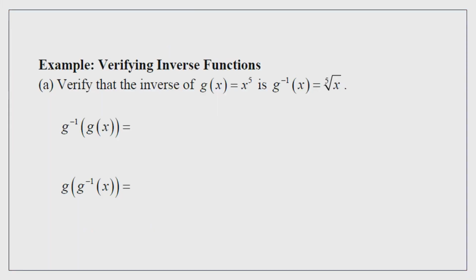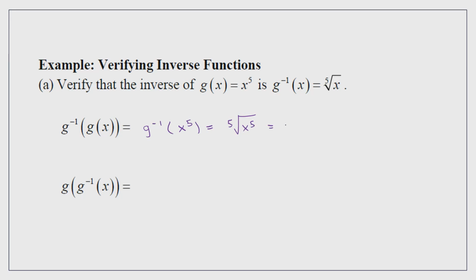So let's verify that the inverse of g of x equals x to the fifth is the inverse function of g of x equals the fifth root of x. So first we're going to find the inverse function of g of g of x. We input g of x, which is x to the fifth, and substitute that expression into the inverse function. So that'll be the fifth root of x to the fifth.